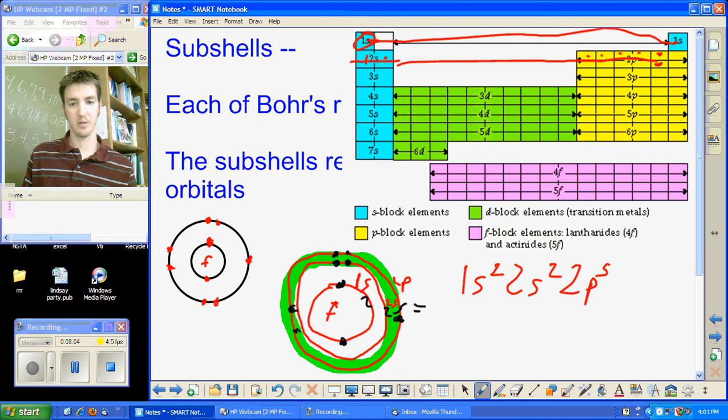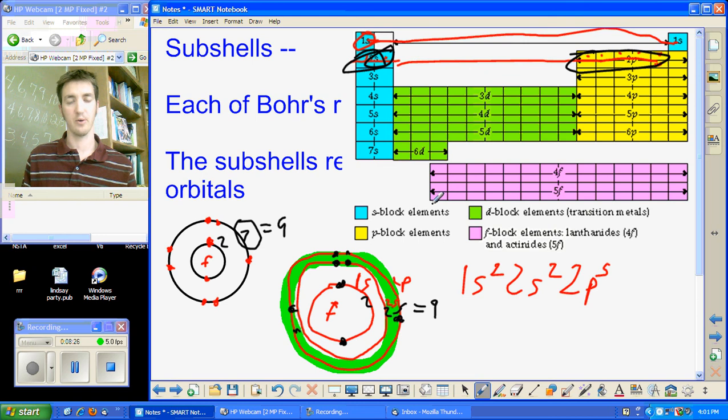That in total equals 9. On our original drawing, our usual one for the Bohr model, it has 2 electrons plus 7, so that equals 9. So the total amount's the same. The only difference is we tell where these 7 live. They don't live on just the second shell. They live over here, and they live over here.